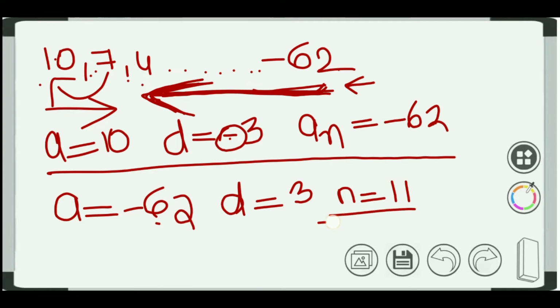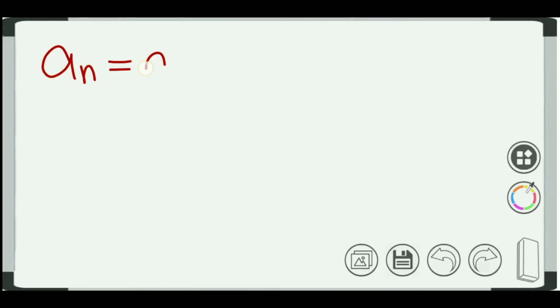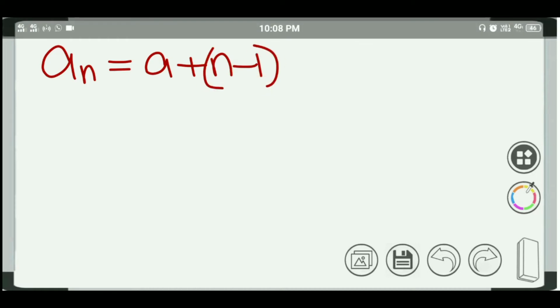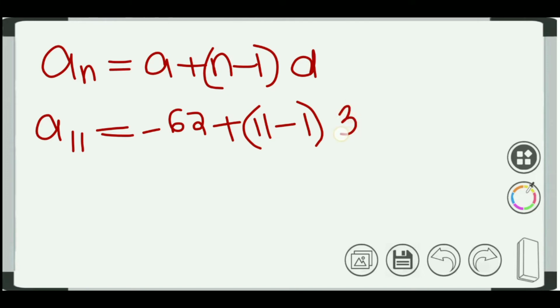Okay, now we'll put these values in that formula. an is equal to a plus n minus 1 into d. Note the values: a 11 is what we need to find. 11th term from the last equals a, which is -62, plus n, the 11th term, minus 1, into d. d is 3; actually it was -3, but since we are starting from the last, we reverse it to 3. -62 plus 11 minus 1, 10. 10 into 3, 30.